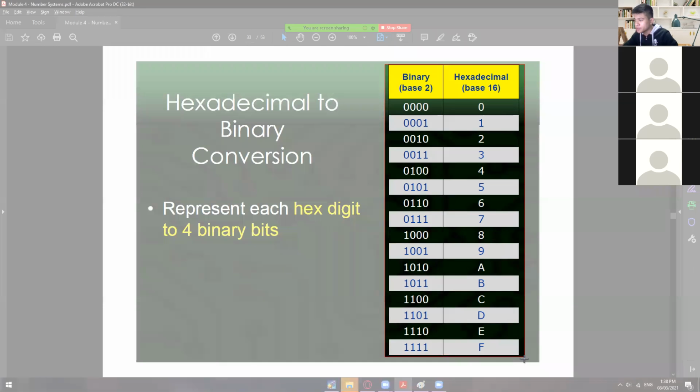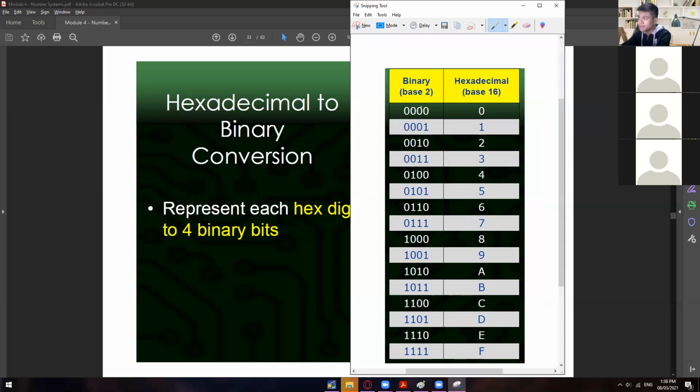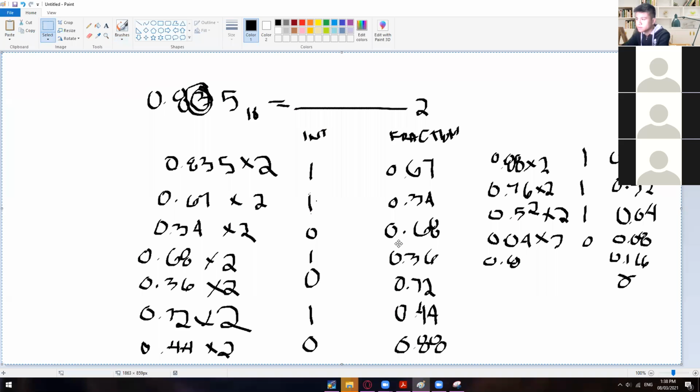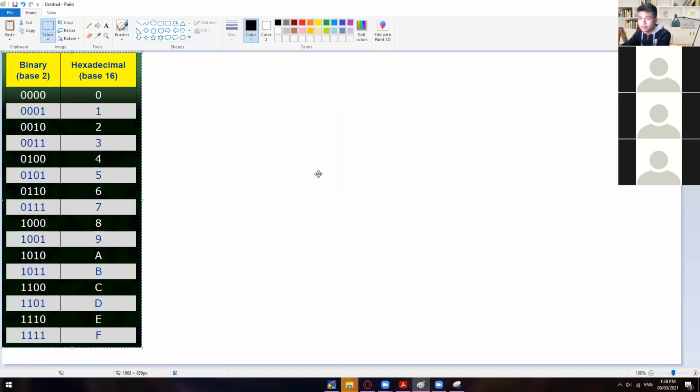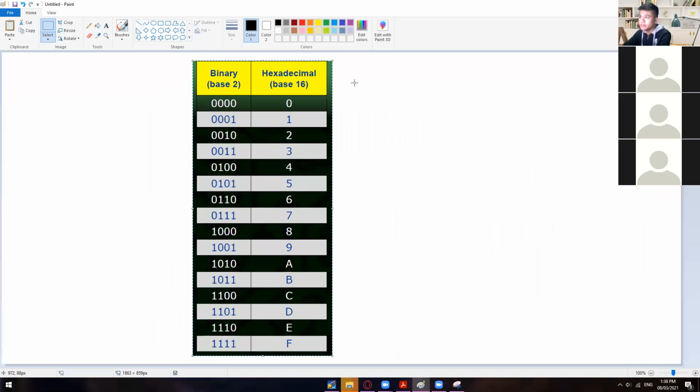Please let me just show this one on how we got the binary part or the hexadecimal part. In here we could have another one, which is the decimal one.